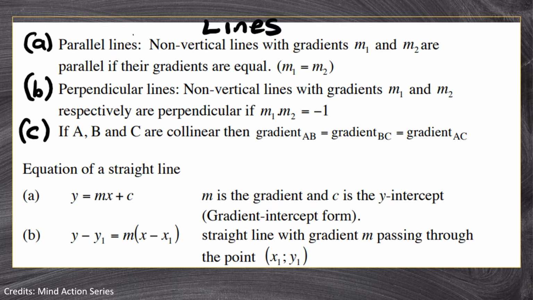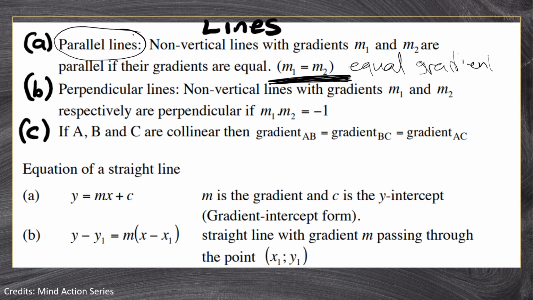We know that we have different properties of lines. Lines can be parallel. So how do we know that lines are parallel? Very important: when their gradients are equal. In other words, if lines are parallel, they will have equal gradients.